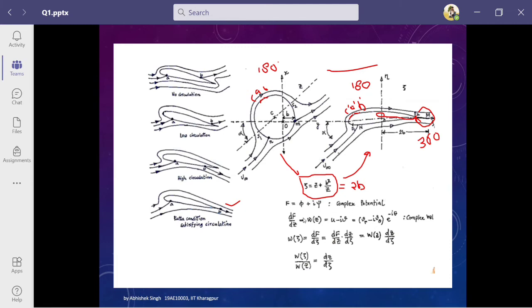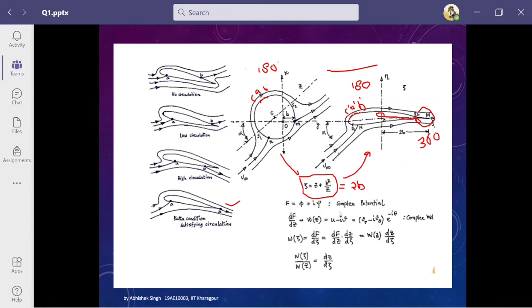Here we can see that the complex potential is phi plus i times psi, where phi is the velocity potential and psi is the stream function.